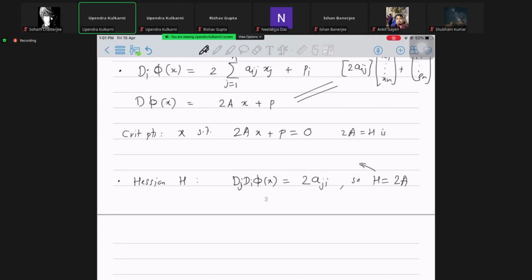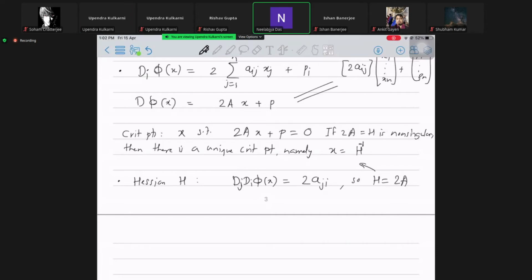So when we see this up here, 2A equal to H is assumed to be non-singular, right? If it is, then there is a unique critical point, namely x equals what? I have to multiply half by A inverse applied to minus p.